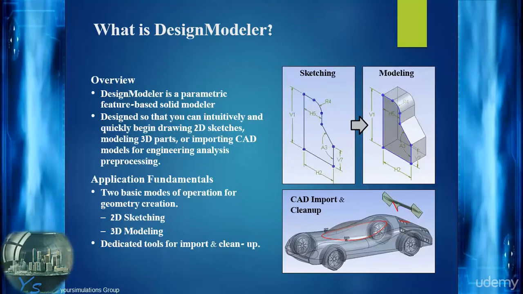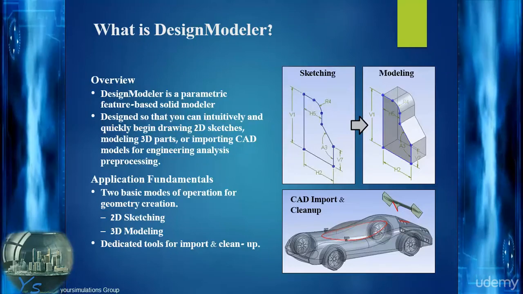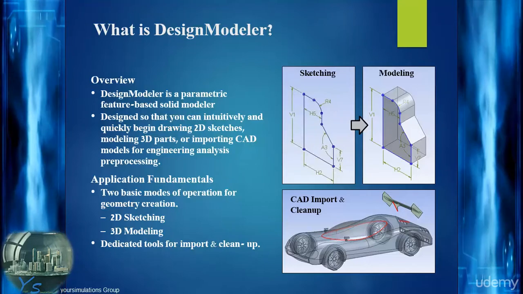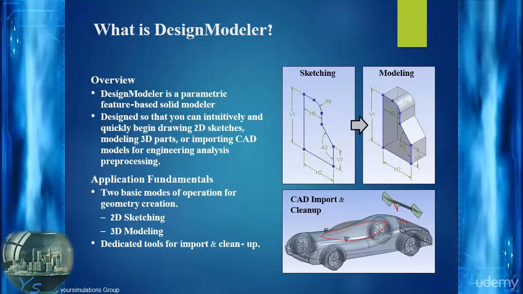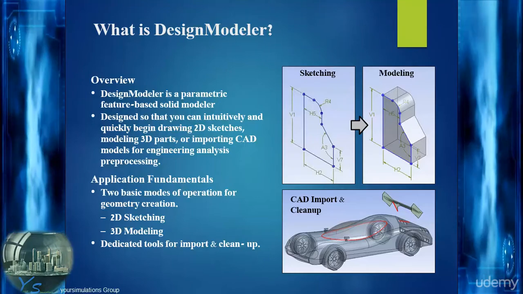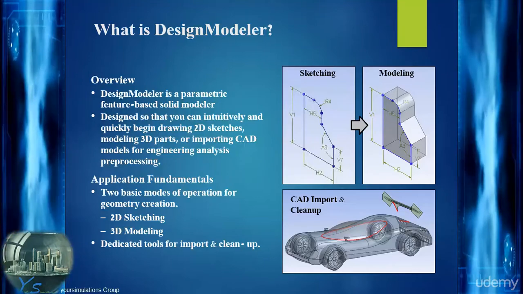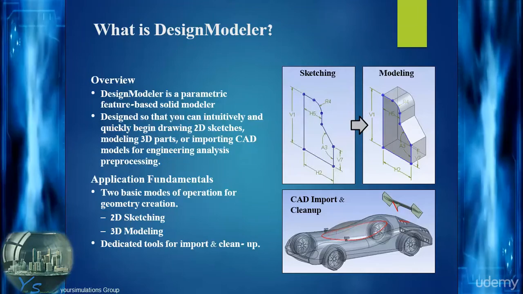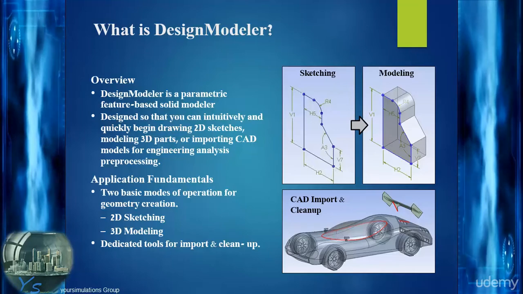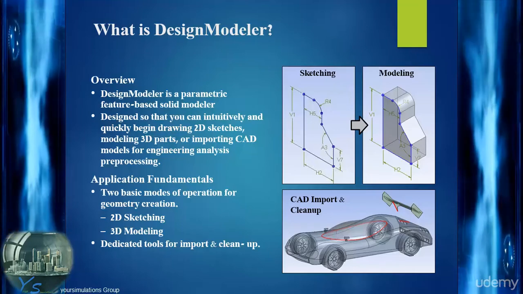So the example there would be that we generate it on a plane and then extrude it or pad it into a 3D model. So we can use Design Modeler to quickly and, using the GUI, intuitively create 2D sketches and 3D models to prepare it for analysis.